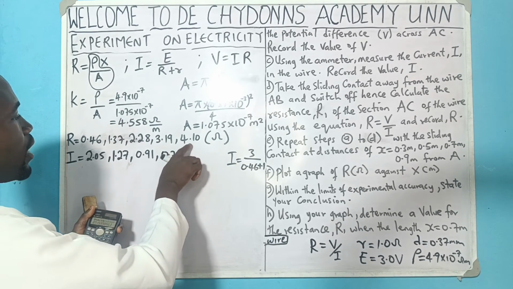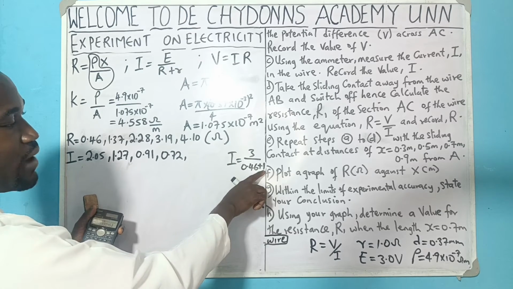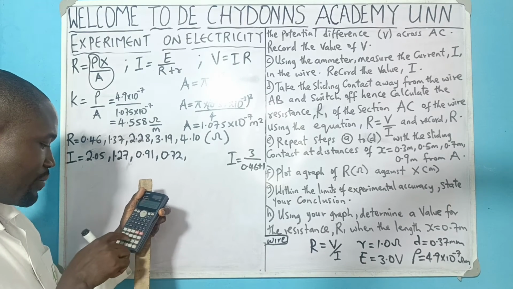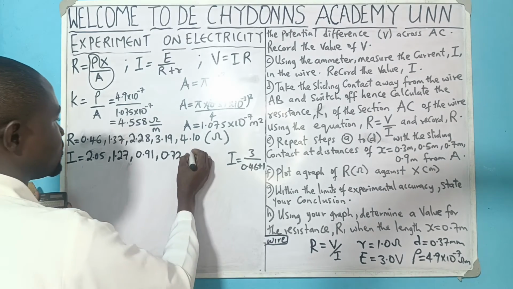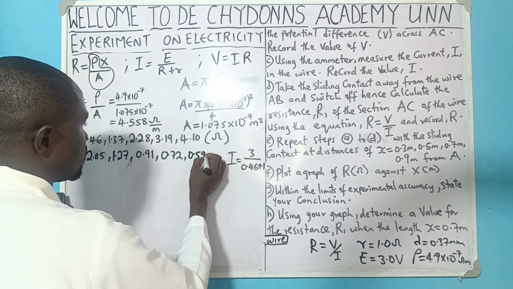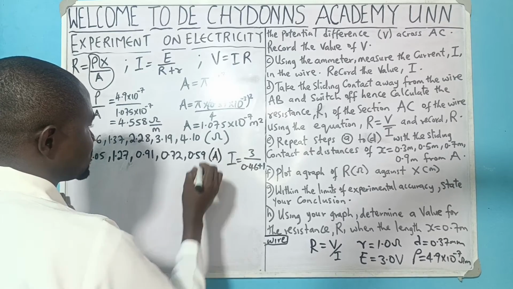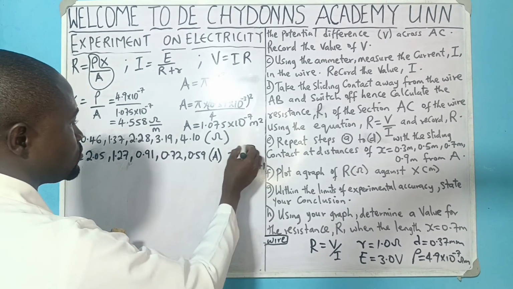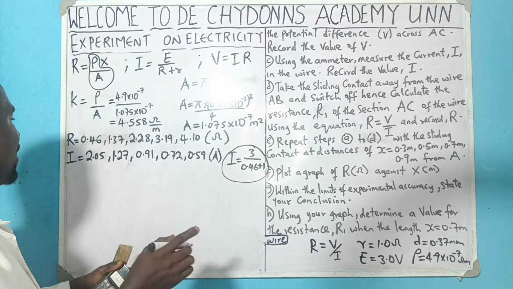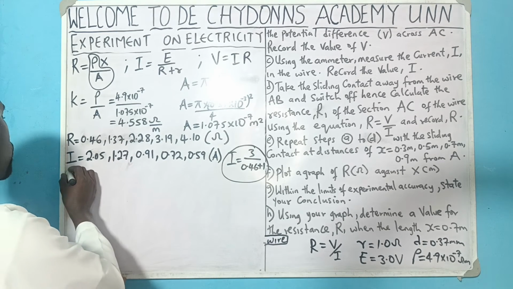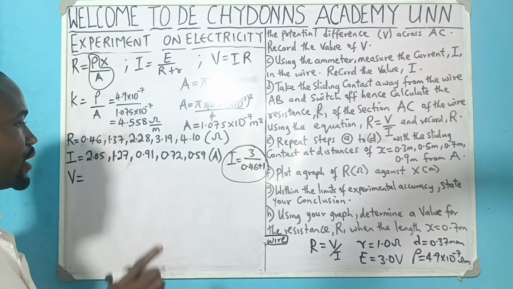Then 4.10 plus 1, that is 5.10. 3 divided by 5.10, that is 0.59. This one is in amperes. Okay? So after we got this, what will be the value for your voltage?